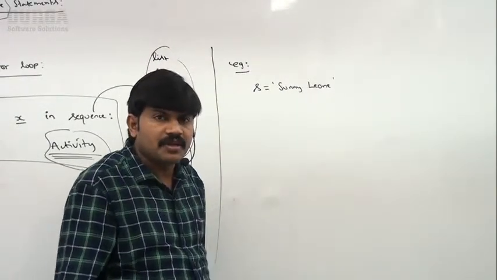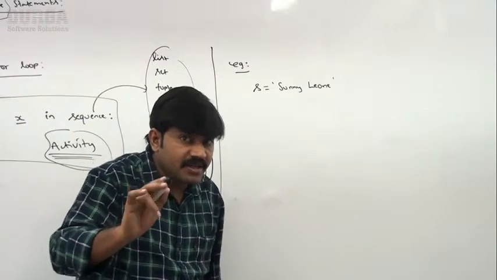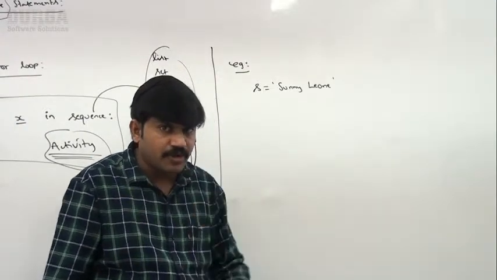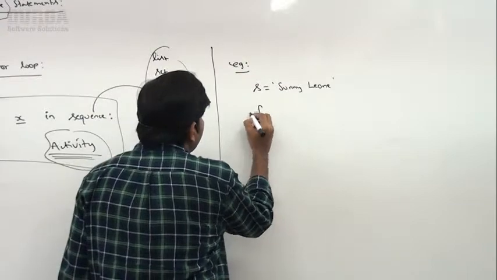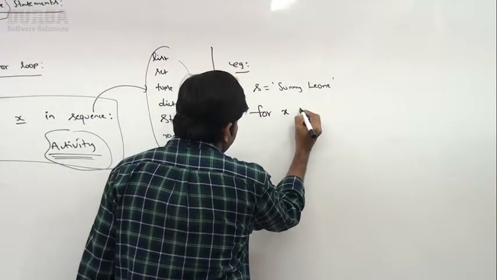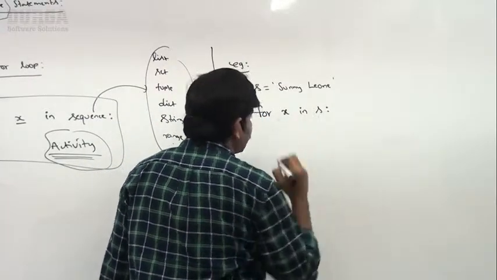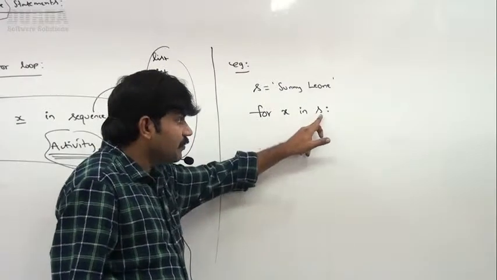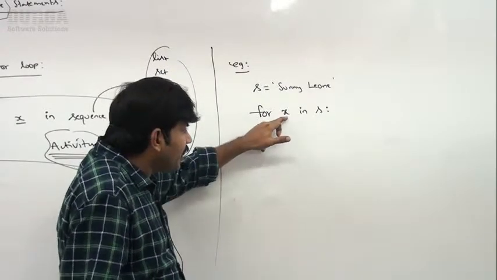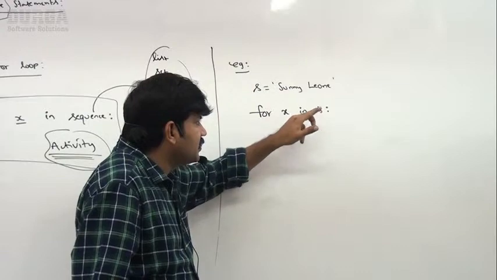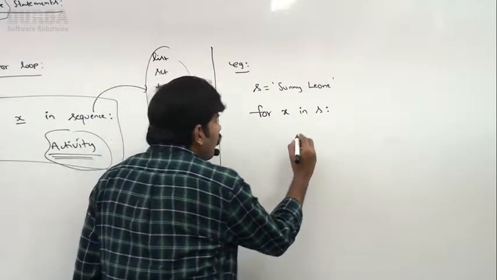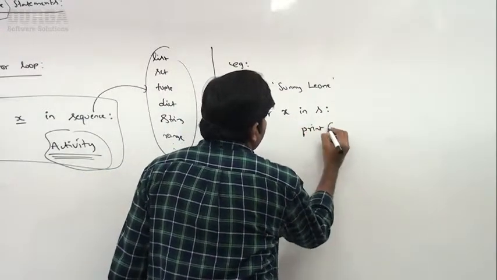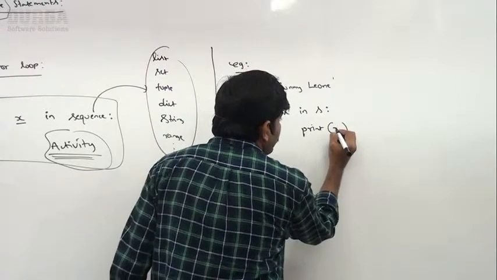This is my requirement. Now observe: for each x in s. s can be a string also. For every element present in this string, now print that x value.